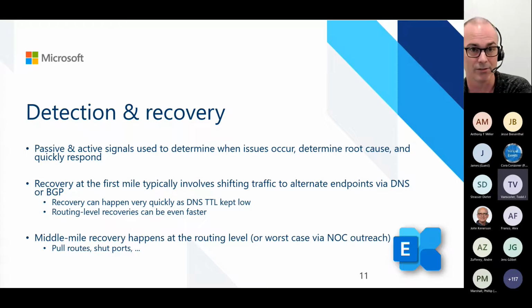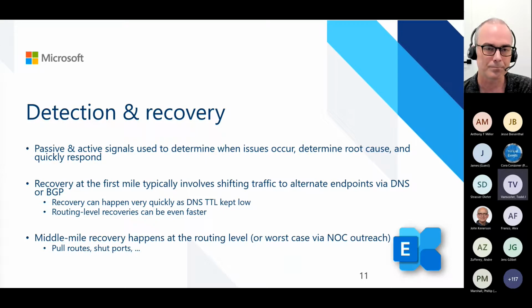Passive signals are different. Passive signals are based on organic user traffic, as an example. We know that we're generally going to be receiving traffic in a given location at all times, as long as things are working properly. We never run into a situation where we don't receive any traffic. A passive signal, an example of that, would be not seeing any traffic.